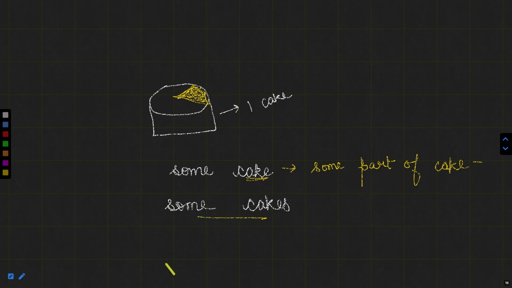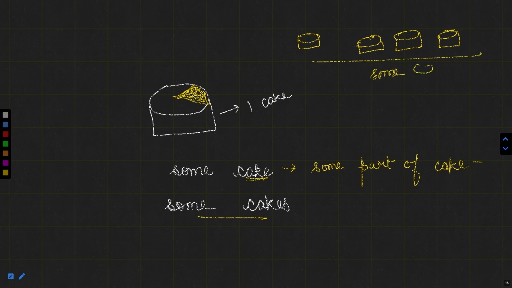But if I say some cakes, it means there can be more than one cake. Suppose one cake is this, another cake is this. There are 3 or 4 cakes, so we can say cakes. There are a few cakes, sorry. So these are some cakes.